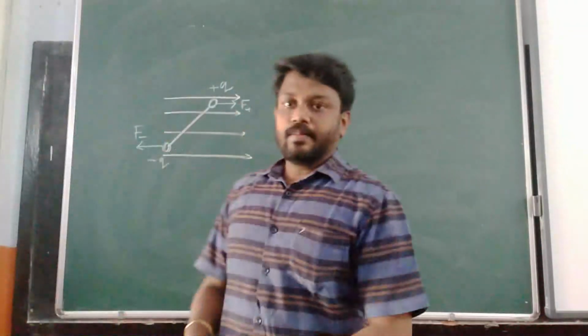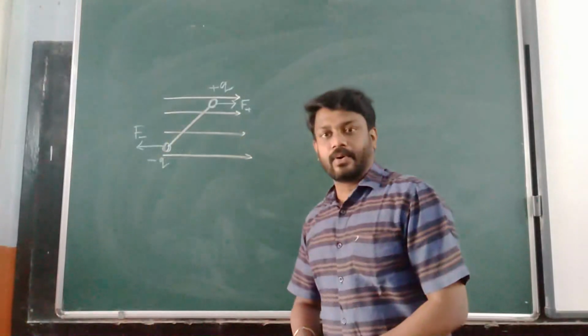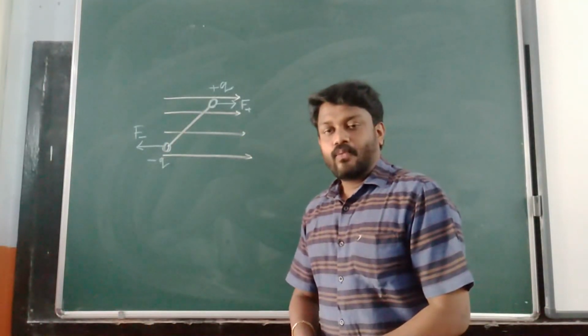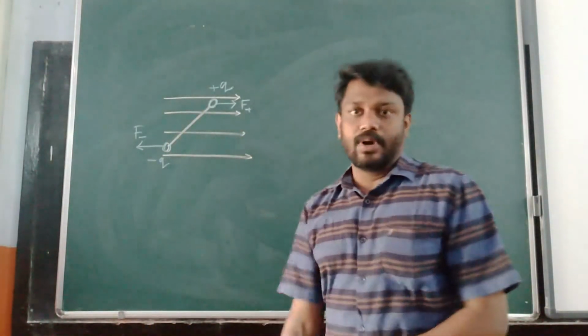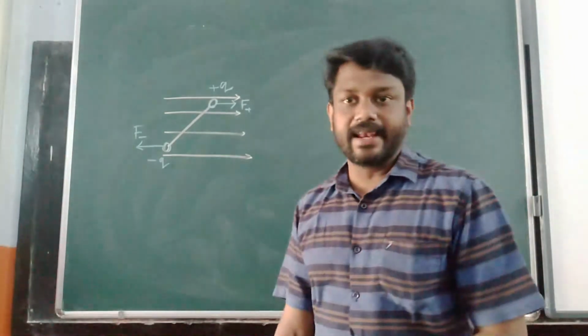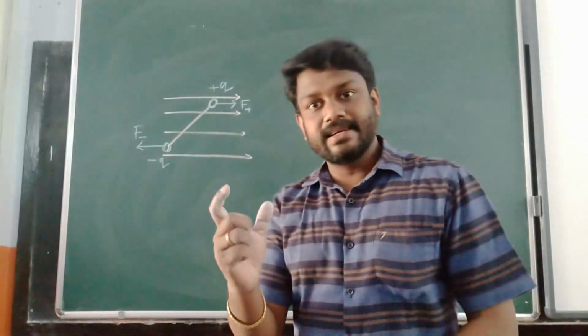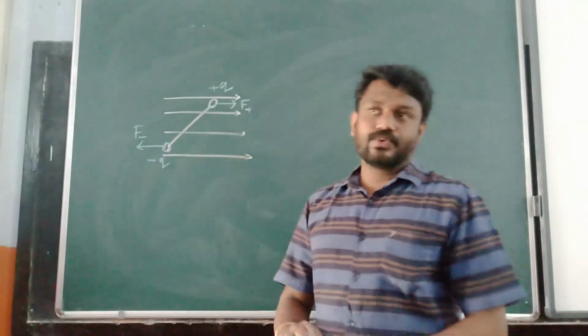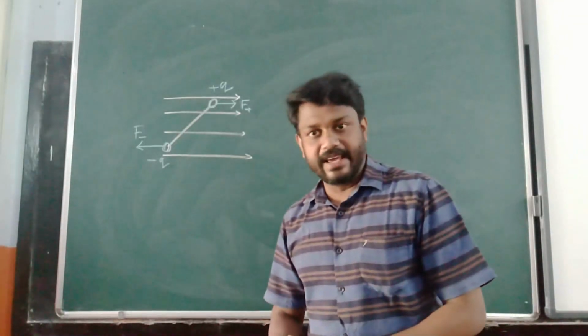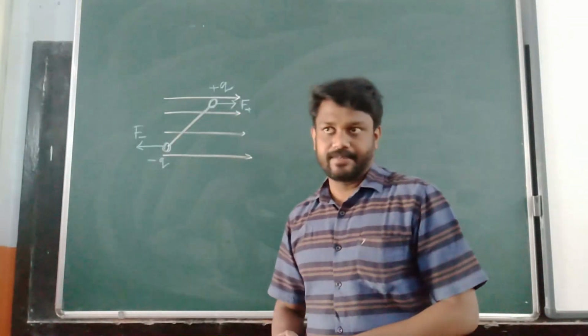And here I am going to tell you about what happened to a dipole when it is placed in an external electric field. What happened to an electric dipole when it is placed in an external electric field?